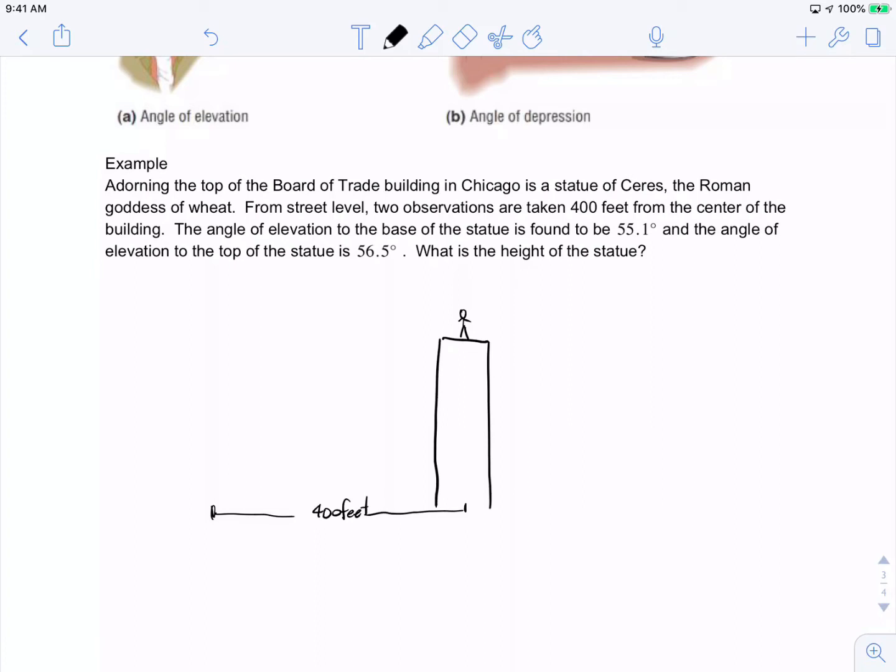We have 2 angles. It tells us that we're going to have an angle to the base of the statue, so I'll do that in black. And we know that that angle right there is going to be 55.1 degrees.